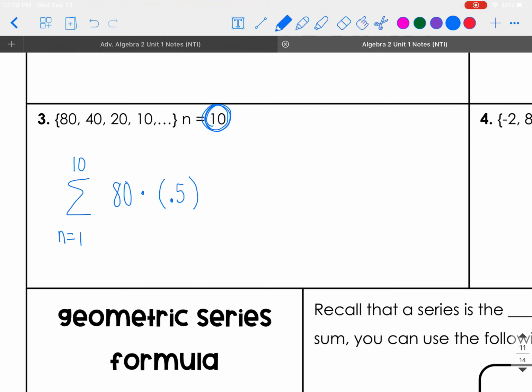If you want to test out different numbers, you could, for example, take 10 divided by 20 or 20 divided by 40. Any term divided by the one before it will give you the ratio. And then back to my formula, I have to put n minus 1 in the exponent.